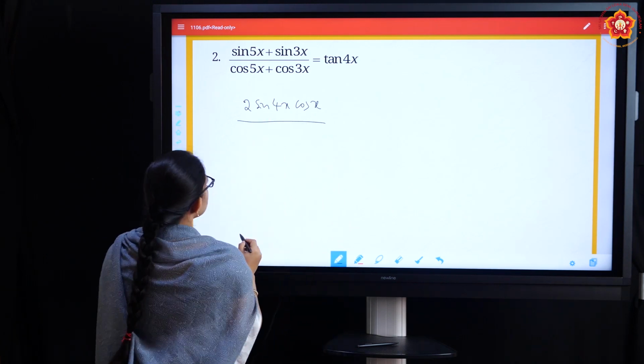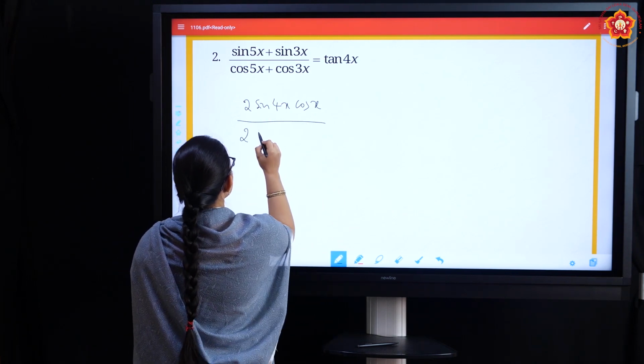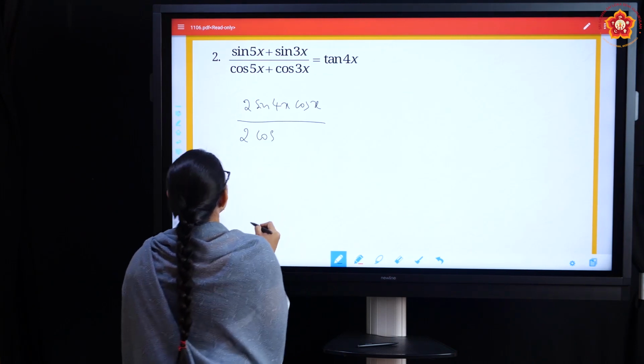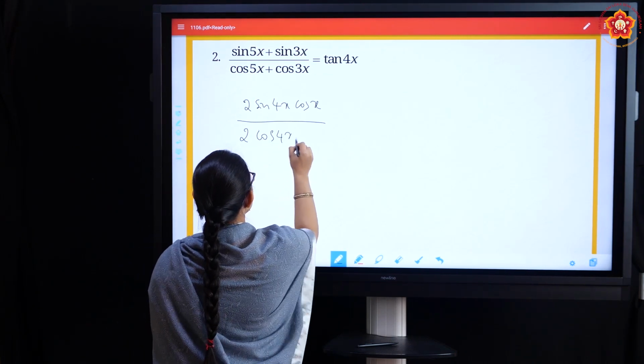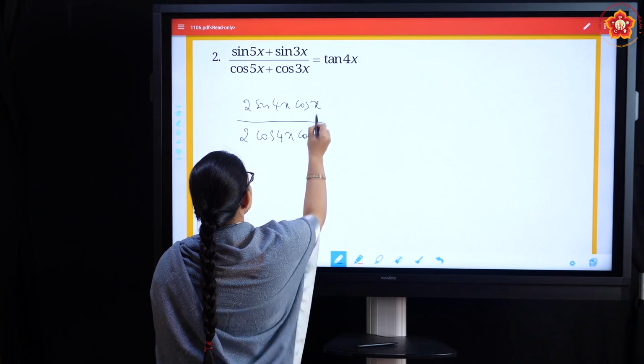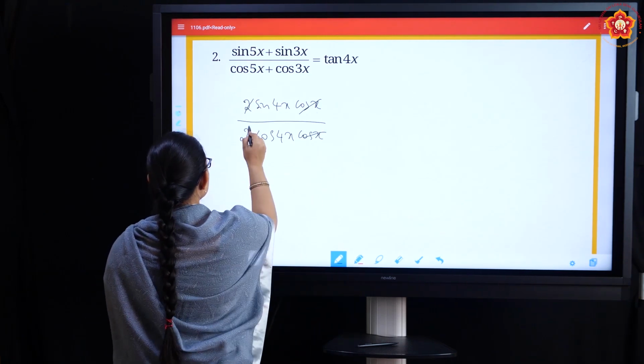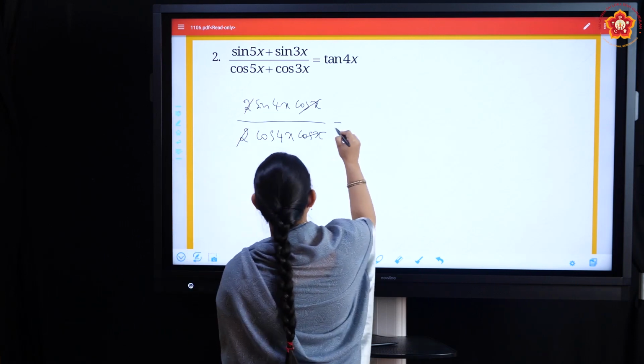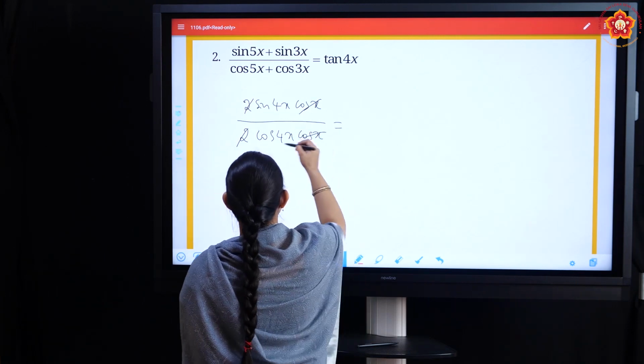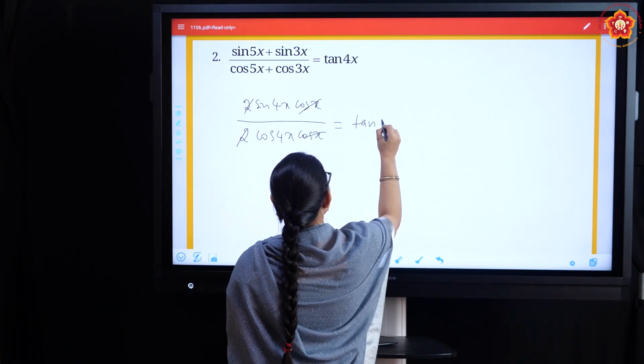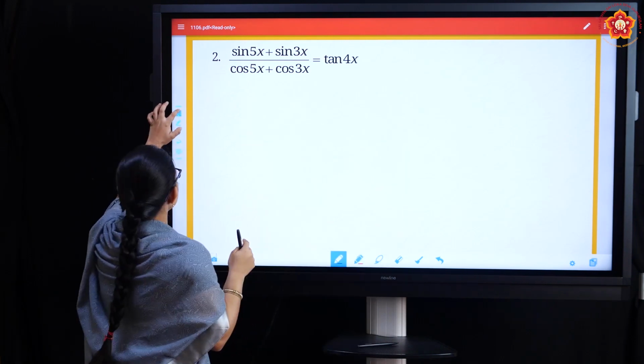Divided by, for cos x plus cos y, 2 cos (x plus y by 2), so 2 cos 4x into cos x. Here I can cancel cos x and 2, and what remains is sin 4x by cos 4x, that is tan 4x. Let us see the next problem.